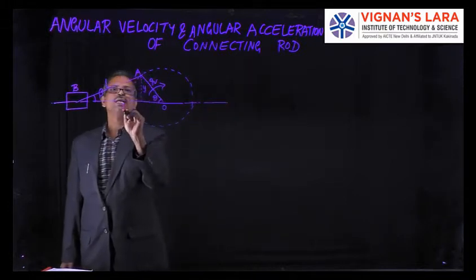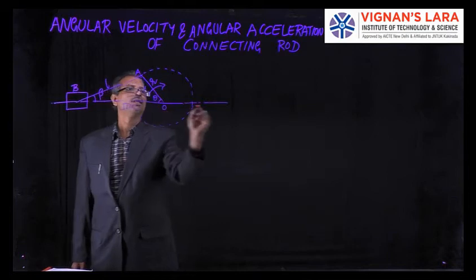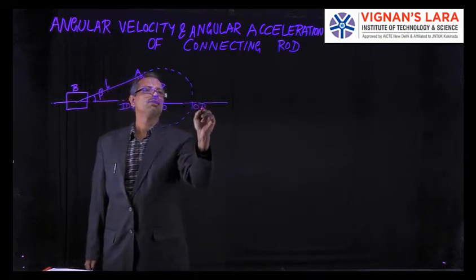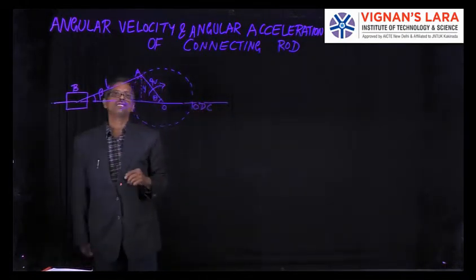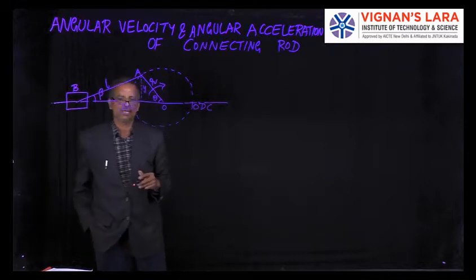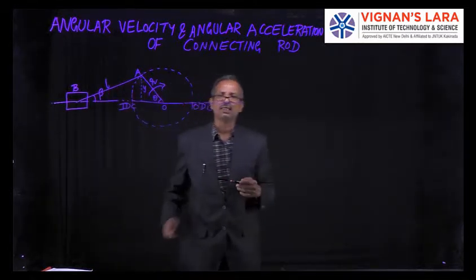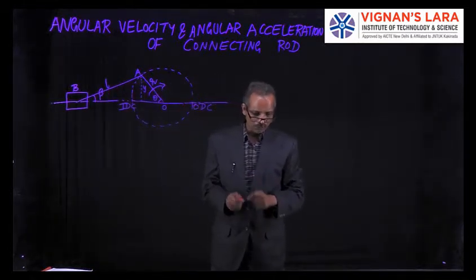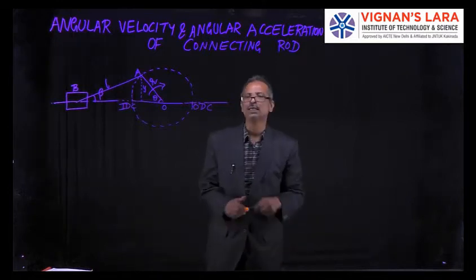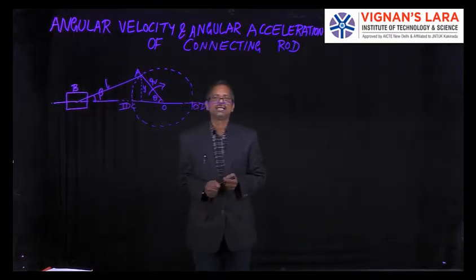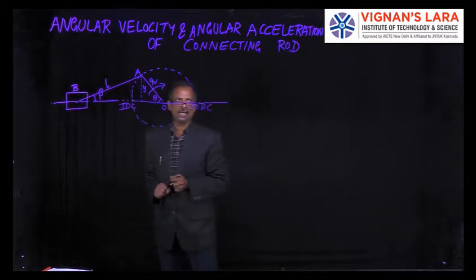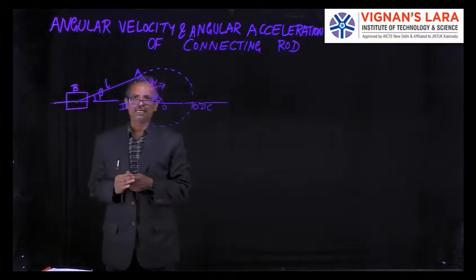This is inner dead center and this is outer dead center. This is the mechanism which we have seen even in the last class. There we have seen the displacement part, and now we will see the angular velocity and angular acceleration of the connecting rod.